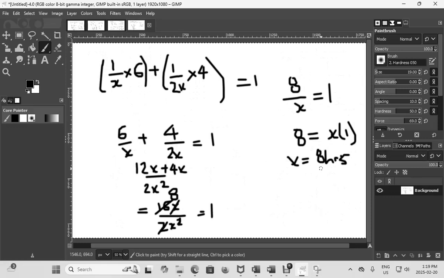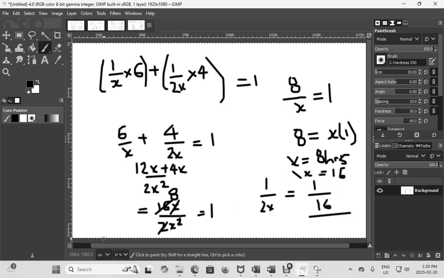To figure out how long it takes Bill to finish the job by himself, this will be 1 over 2x, so 8 hours times 2 is 1 over 16. If x equals 8 hours, 2x equals 16, so it takes Bill about 16 hours to finish the job.